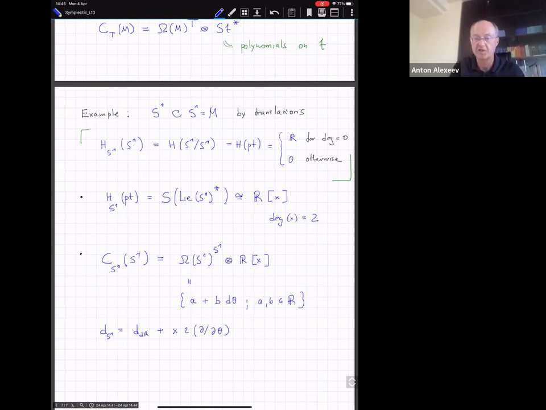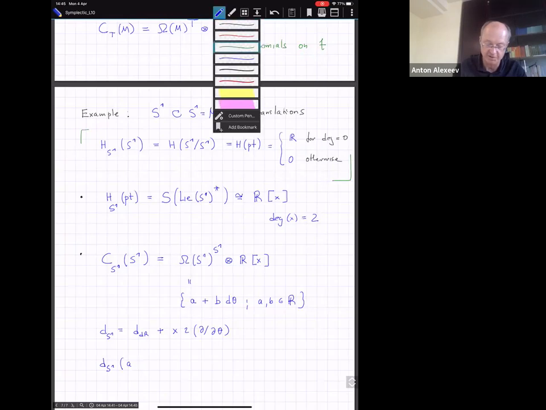The basis of the Lie algebra consists of one element, and there is a dual element which I call X now. Now let's apply this d_S1 to A plus B d theta.